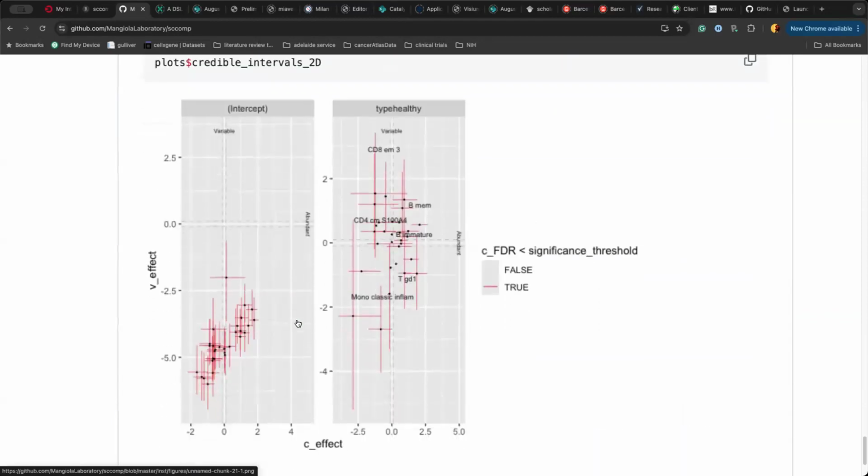These are more plots, and this is a plot of differential variability. This one is the association of the intercept, so mean and variability. And if you test for differential variability, you will not have just the intercept, but you will have, in this case, the condition. And again, these are the credible intervals against 0, so you can see which deviate from 0 to be significant. You can see differences in composition and differences in variability. And you can do just differential variability if you regress out this association.